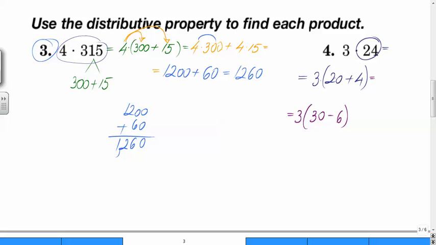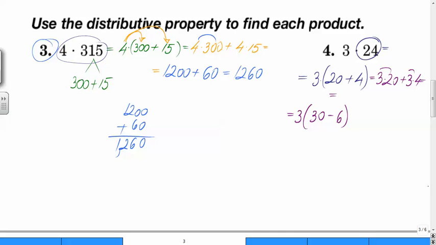And now the distributive property asks you to multiply 3 times every number inside the parentheses. So it will be 3 times 20 plus 3 times 4. Okay, what is that? Well, 3 times 20. You have to follow order of operations here. You see, we're carrying the rules of order of operations all the way throughout our algebra class.